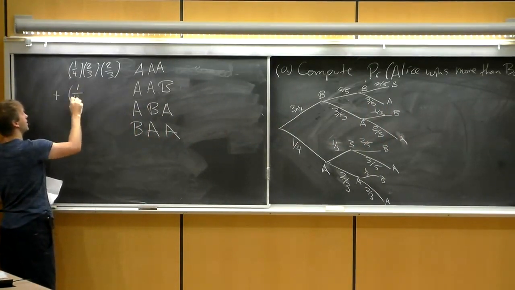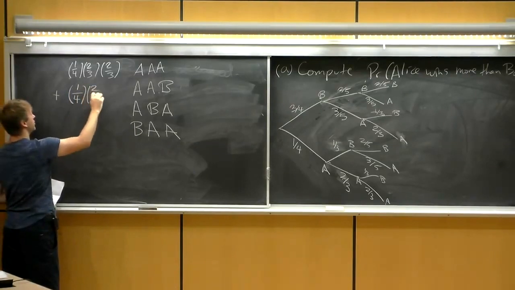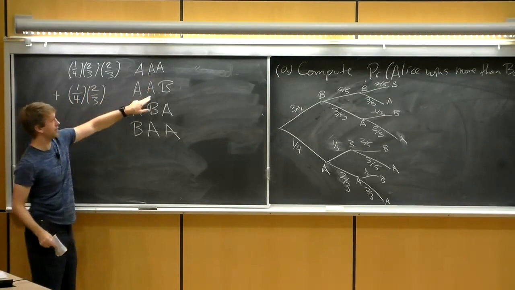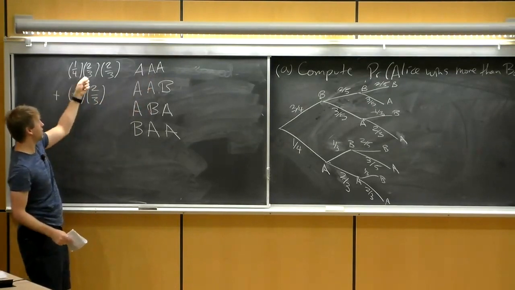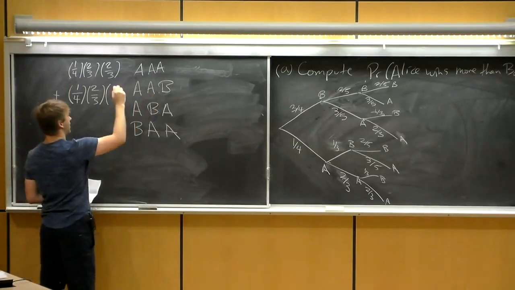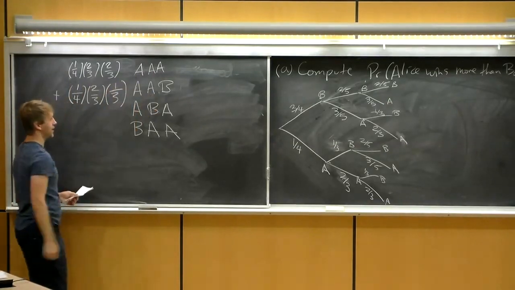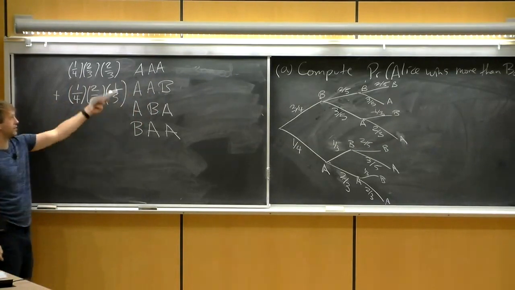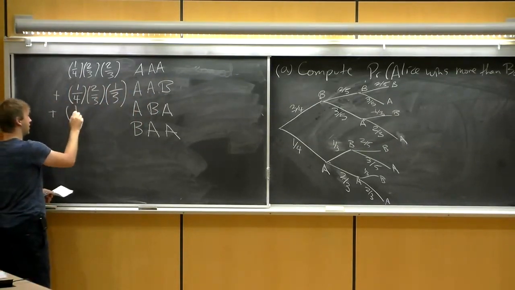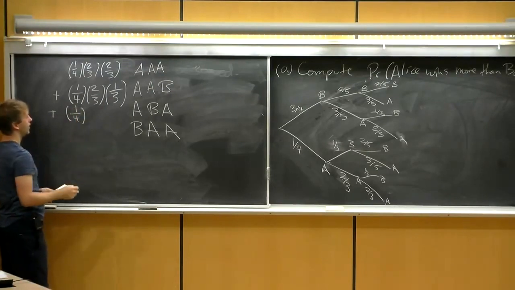Anyway, the second one, we've got 1/4, 2/3, right? Because the first two rounds are the same as the previous thing, so it should be the same probabilities here. But then the last race, we're saying it's Bob, so it should be 1/3 instead of 2/3. I again have 1/4.